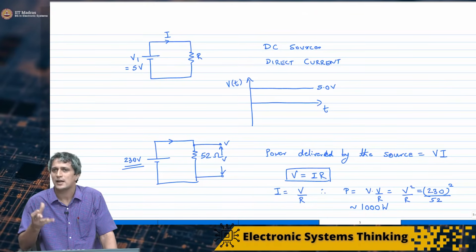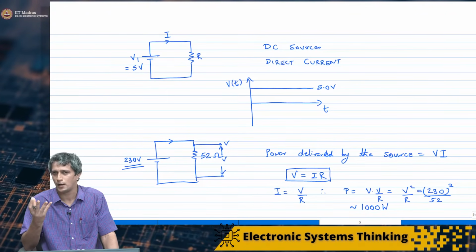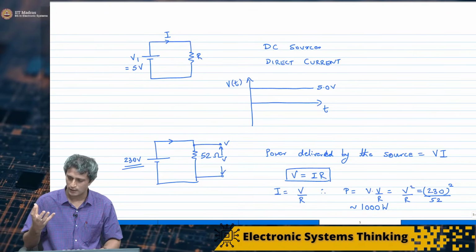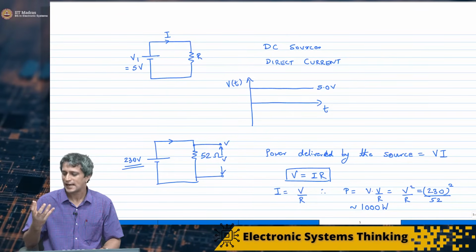And that is exactly what we saw in that kettle specification as well, right? So essentially what we did was to validate all these theoretical equations using some experiments. In the coming weeks, we will look at more advanced concepts of network theorems and capacitors and so on.